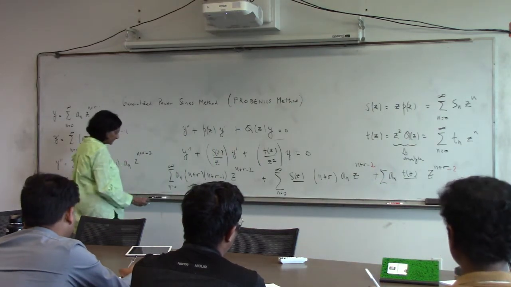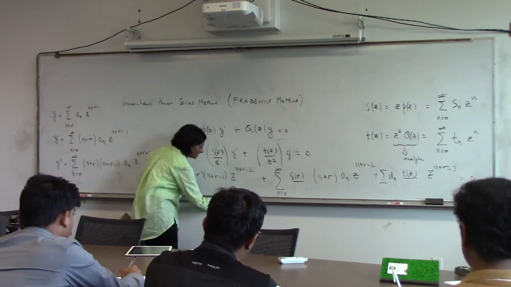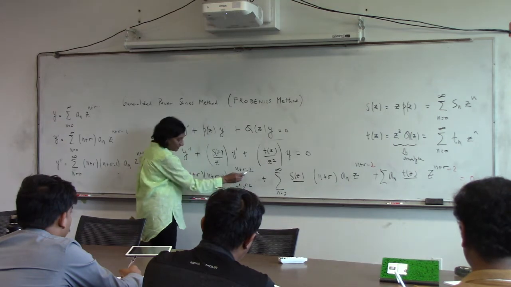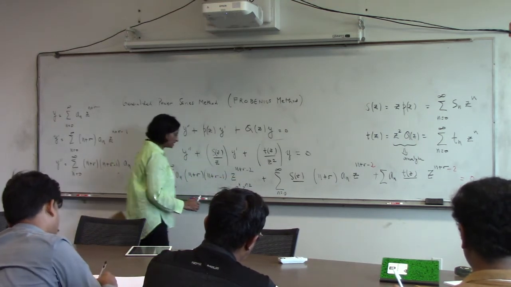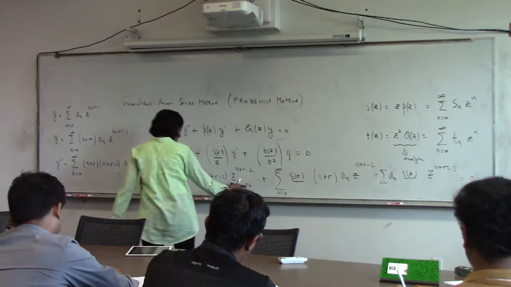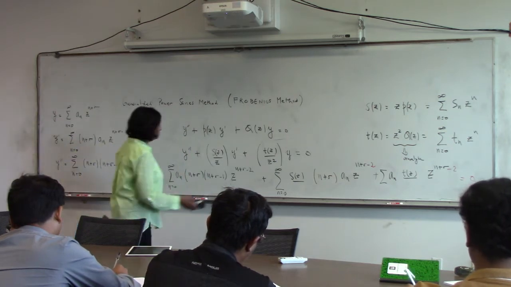The summation is over n, so this is nothing but z to the power of n times z to the power of sigma minus 2, right? So I can factorize z to the power of sigma minus 2 out from all these terms. So we got all that, I can take it out.